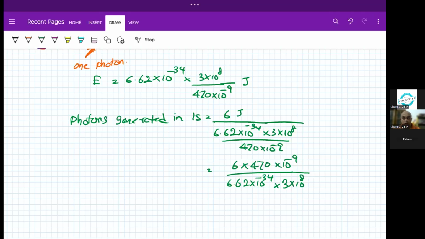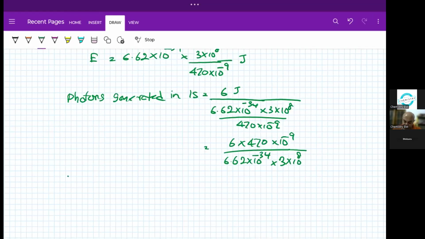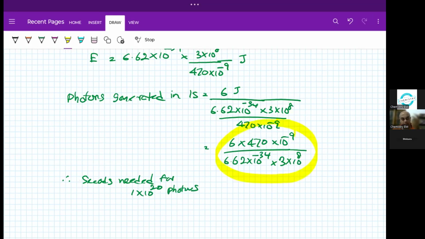And we have been asked how many seconds is needed for 1 into 10 to the power 20 photons. So this value is photons generated in 1 second. To find the seconds needed to generate 1 into 10 to the power 20 photons, you divide 1 into 10 to the power 20 by this value.